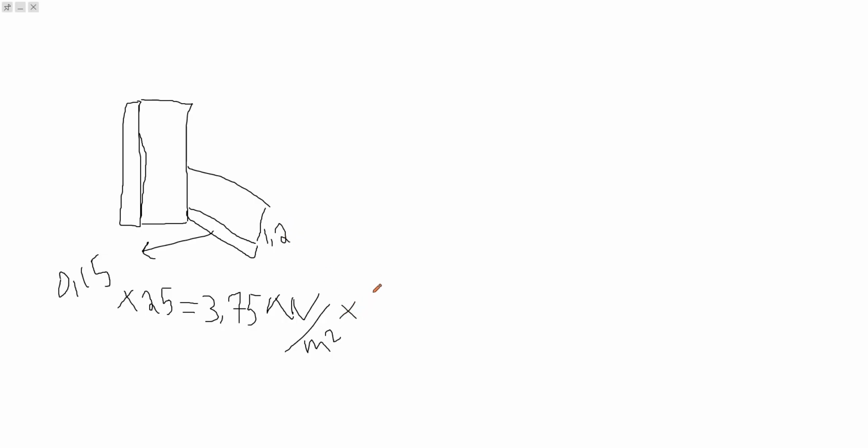If we multiply 3.75 into 1.2, then we will have 4.5, and we add the finished load 1 kilonewton per meter squared, and we have to multiply this one into the width of our staircase, then we will have 1.2.